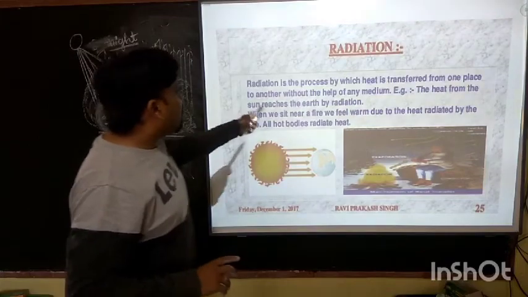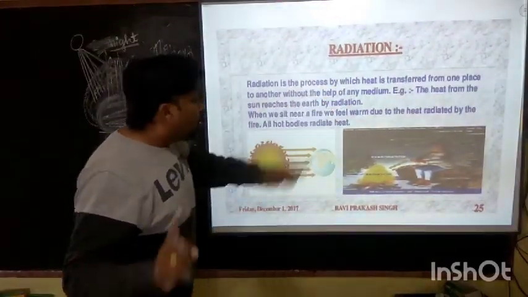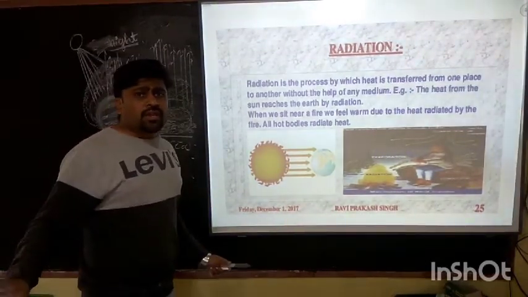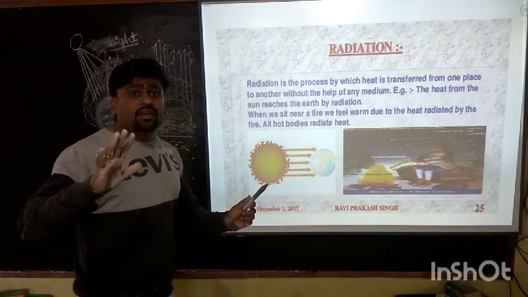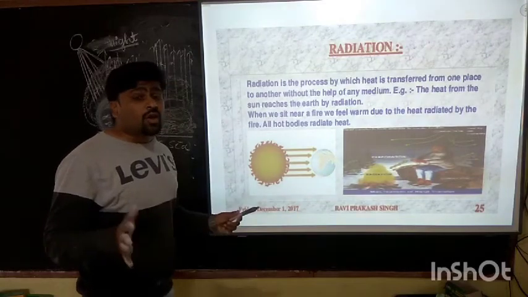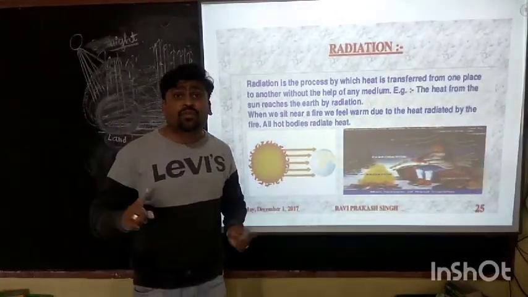Clear? Radiation is the process by which heat is transferred from one place to another without any medium. Now let us consider a room. Let us remove the desk, table, everything. Even then the room is not empty because it is completely filled with air.